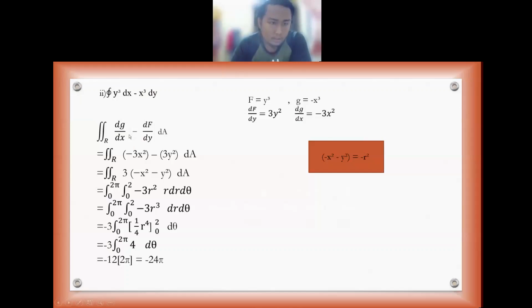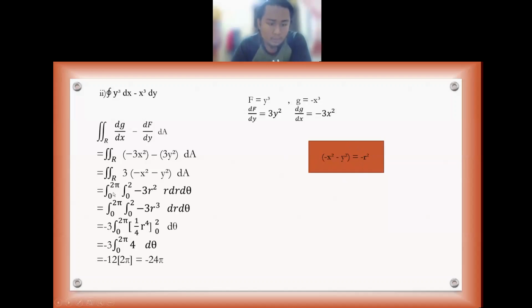Okay, next we substitute the value of ∂f/∂y and ∂g/∂x into our general Green's theorem. Okay, next we factorize. We take out the 3 and we got negative (x squared plus y squared), which is equal to negative r squared.